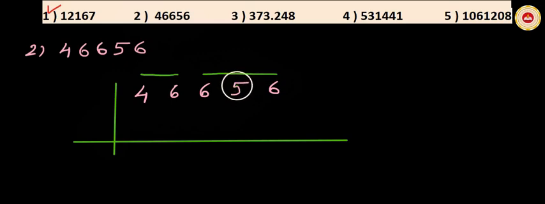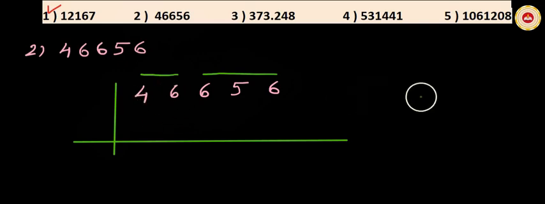There are 2 groups. Now starting from the left group, what is the left group? 46. Observe 46 and find the number whose cube is nearest to 46 but less than 46. Which is that number?